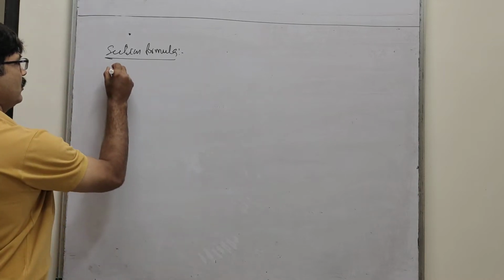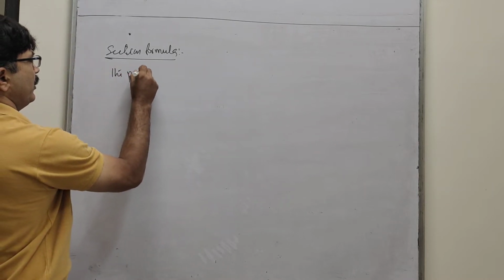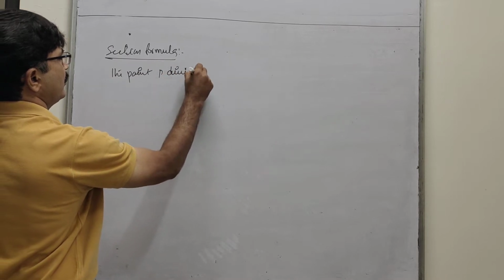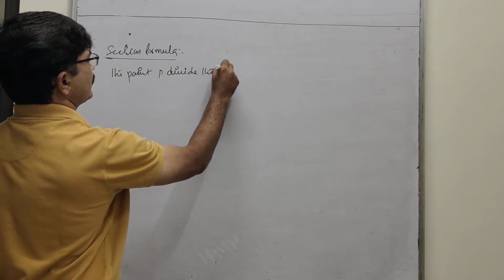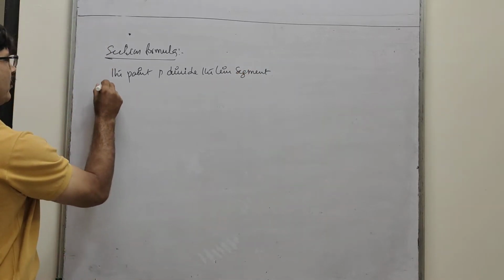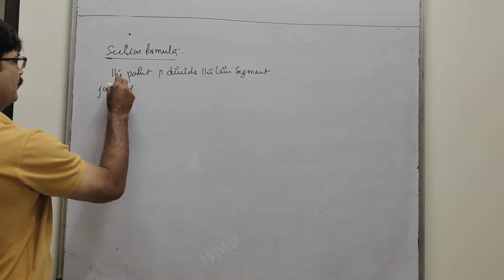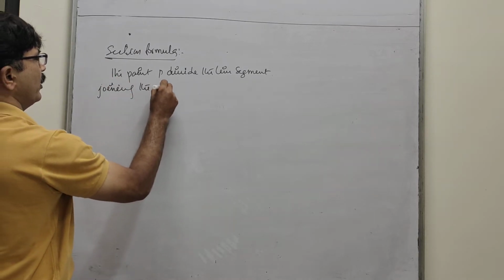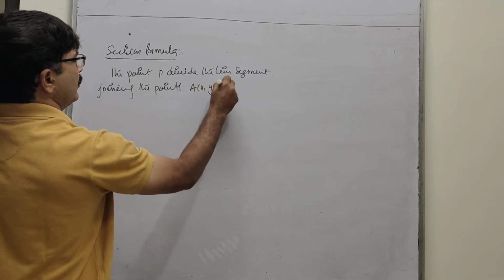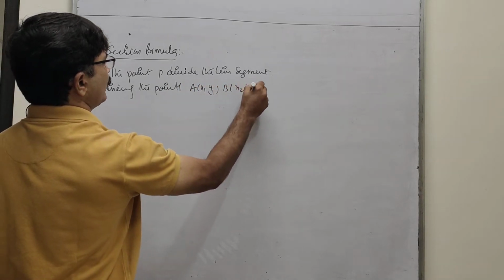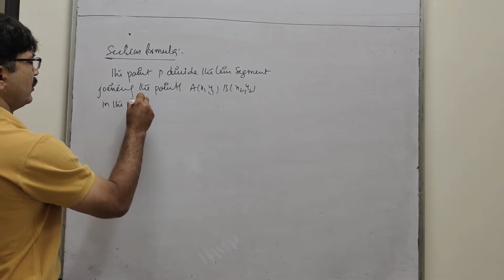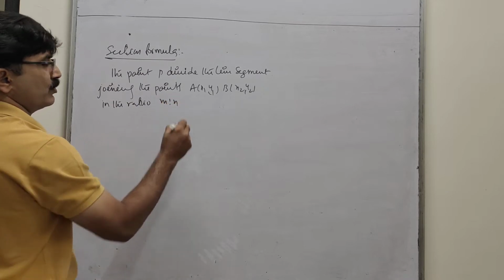The point P divides the line segment joining the points A (x1, y1) and B (x2, y2) in the ratio m is to n.